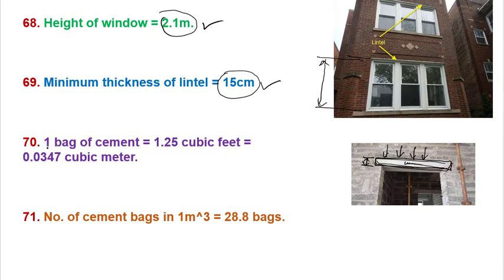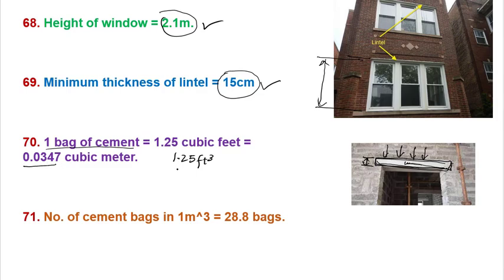As we know, one cement bag, if you convert it to feet cube, will be 1.25 cubic feet, right? This is the volume of the cement bag, and in meter cubes it is 0.0347.